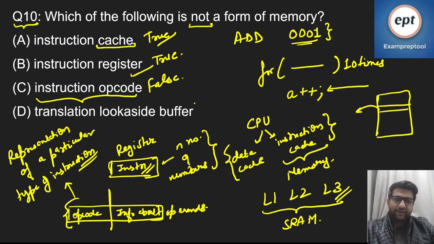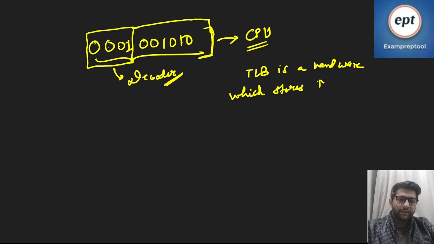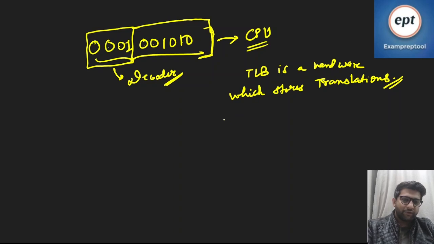And option D is saying that translation lookaside buffer. This is true. This is also a hardware. So TLB is a hardware which stores translations, right? What type of translations? So if you have gone with the OS RIC course or the OS complete course, you know that TLB stores translation from the virtual addresses to physical addresses, right?